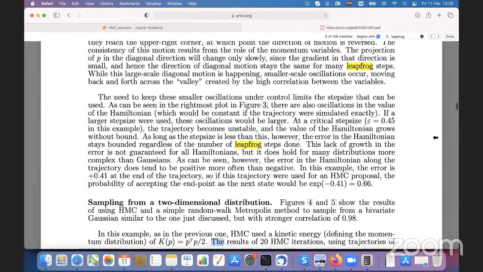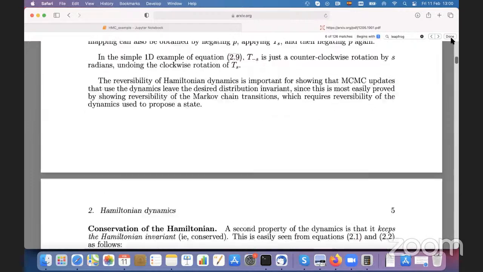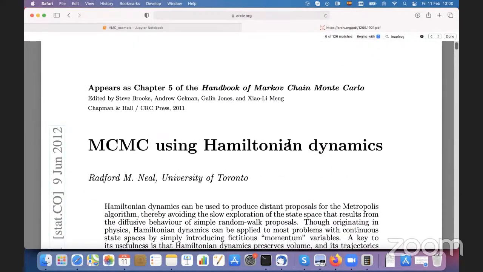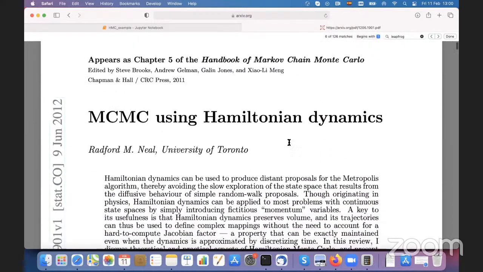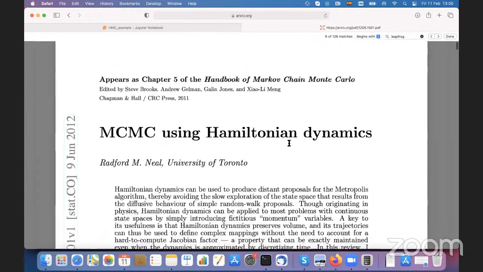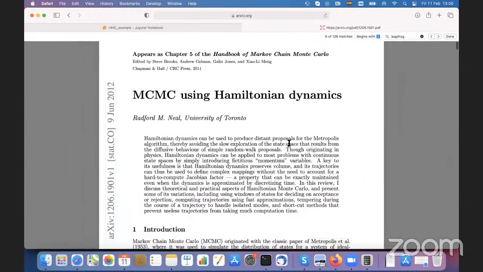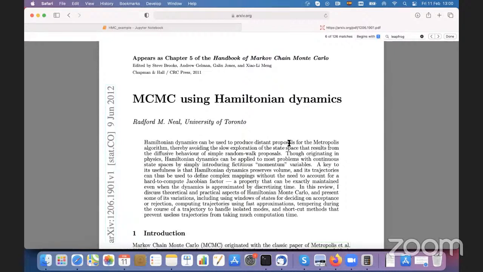This is, by the way, maybe good to show the reference. The arXiv number is this one. This is a paper by Radford Neal, who is very famous.